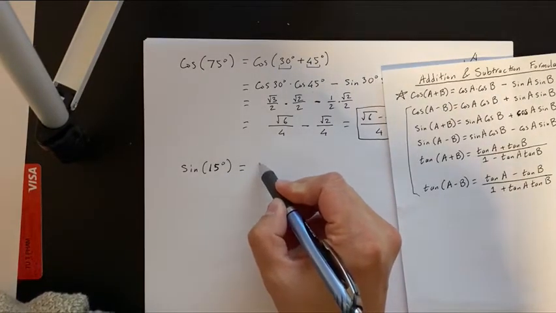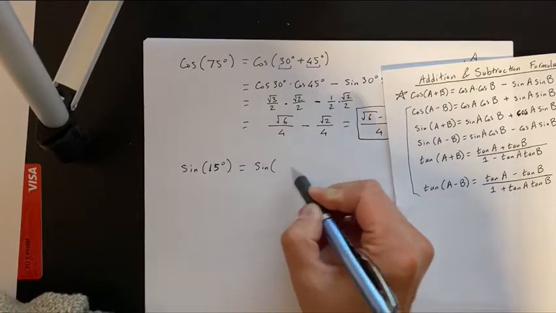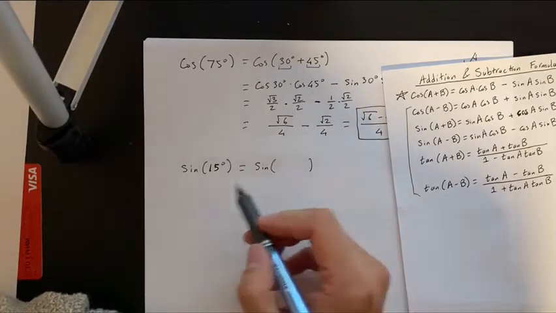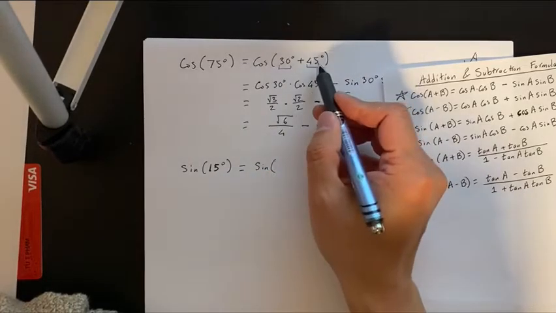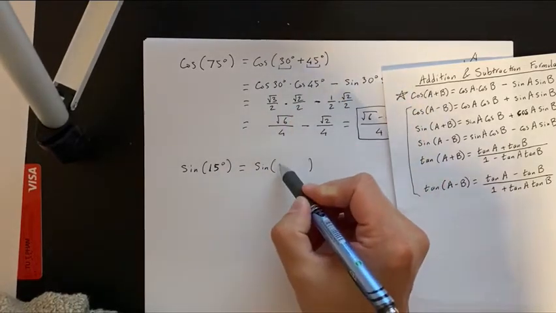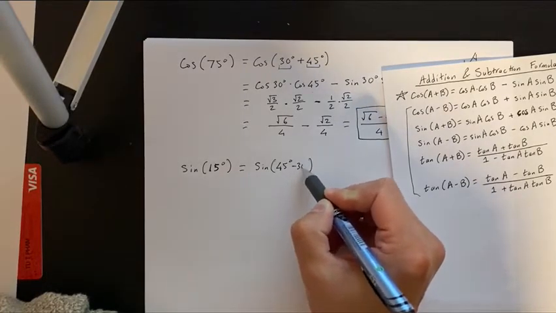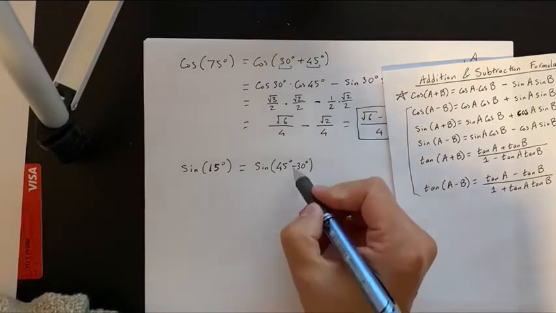So 15, if I want to view it as the difference of 2 very nice angles, well, 15 is the difference of 45 and 30. So it is the same thing as 45 degree minus 30 degree, and that will give you 15.